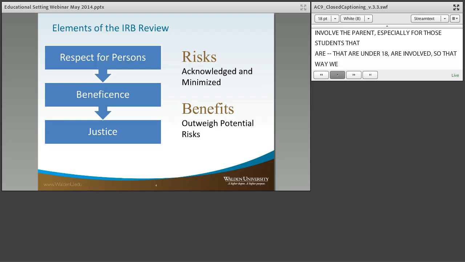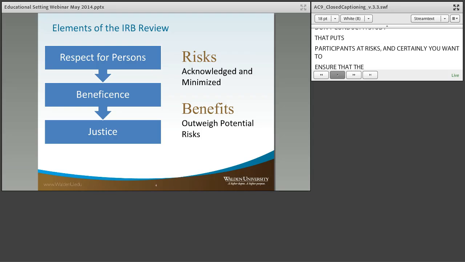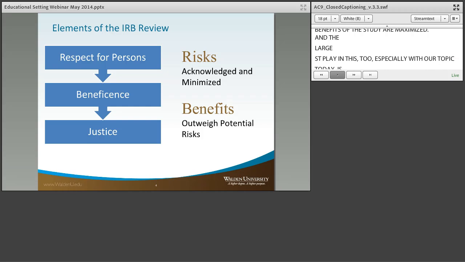The second principle, beneficence, is essentially the old adage of do no harm. Don't conduct a study that puts participants at risk. And certainly you want to ensure that the benefits of the study are maximized. And the largest play in this too, especially with our topic today, is minimizing that perception of coercion.